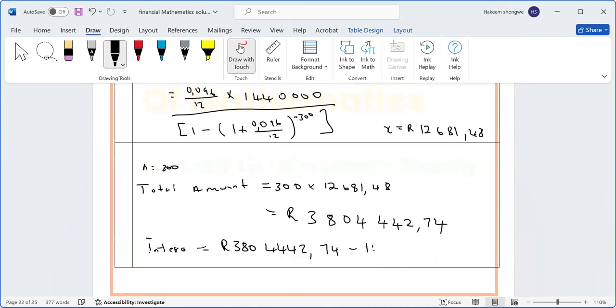It's 1,440,000. So what did you get? What is the interest that we're going to pay?